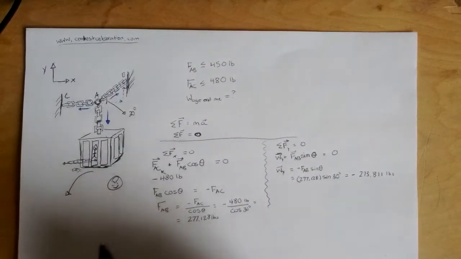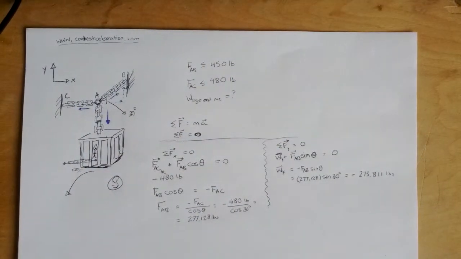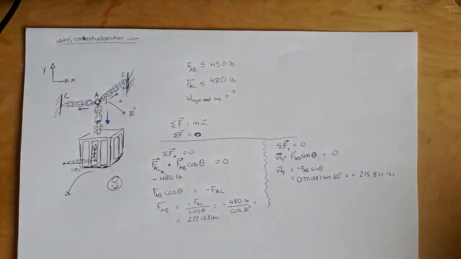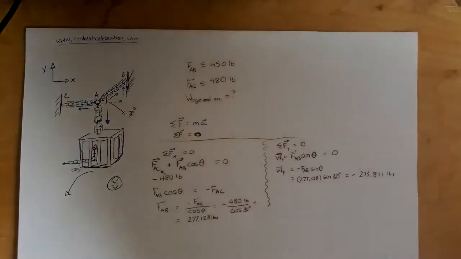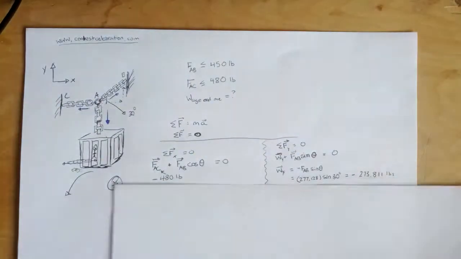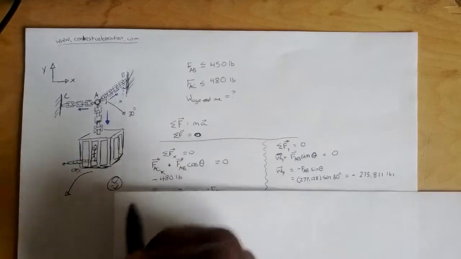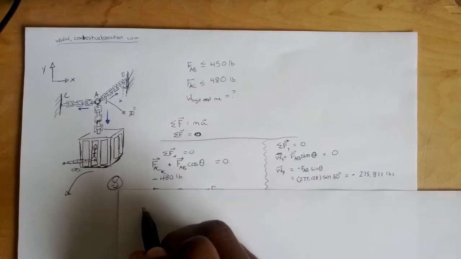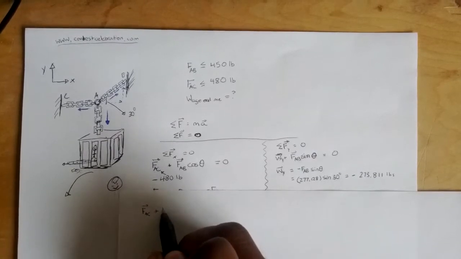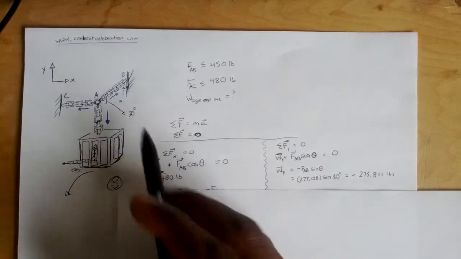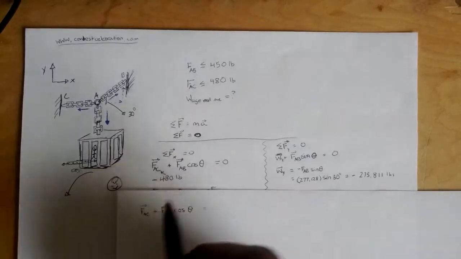So now let's take the next case. Now let's go the other route and see if we can have more weight. So I'm going to cover this up and I'll rewrite these equations because these equations are still going to hold. So force of AC plus the force of AB times cosine of angle theta, which is our 30 degrees, is equal to 0.